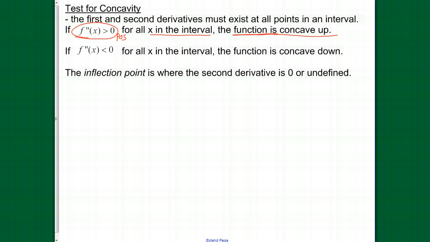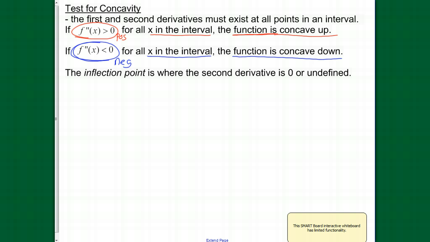We're describing what the function looks like. If the second derivative is less than 0, meaning negative, on that interval, the function is going to be concave down. Okay? So this is the process. We need to figure out when the second derivative is positive and when it is negative. That tells us concave up or down.